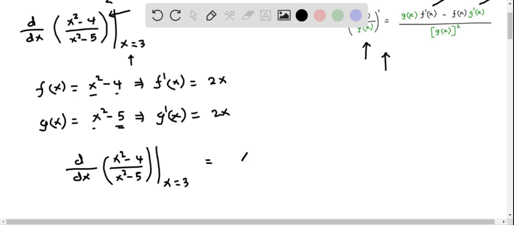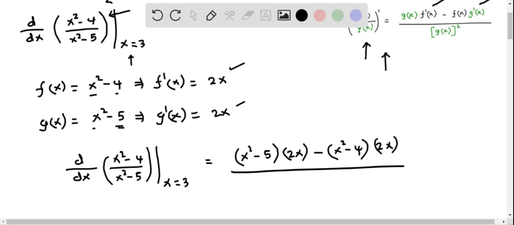G of x is x squared minus 5 times f prime of x, which is 2x, minus we put f of x now, that is x squared minus 4 times g prime of x, which is 2x, and this all over g of x quantity squared. G of x is x squared minus 5, and this has to be quantity squared.